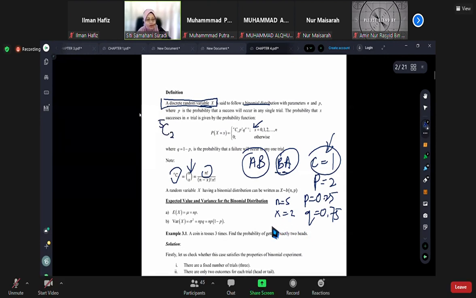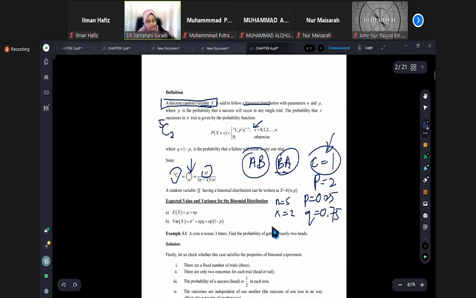You have the calculator actually, but in your test you need to write down the steps. So consider 5 trials, 2 successes. The way to find 5C2 is 5 factorial divided by n minus x factorial times x factorial. You can also double check with your calculator.